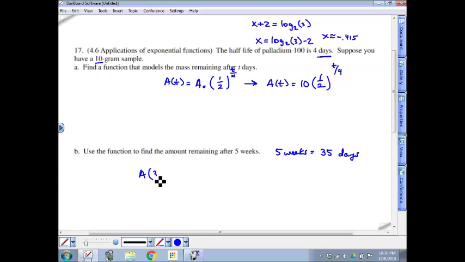So the amount remaining after 35 days, if we were to plug this into a calculator, we get 0.023323 grams.